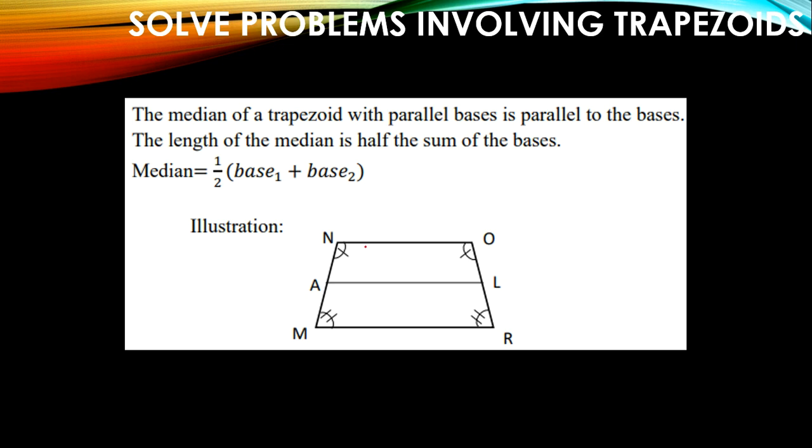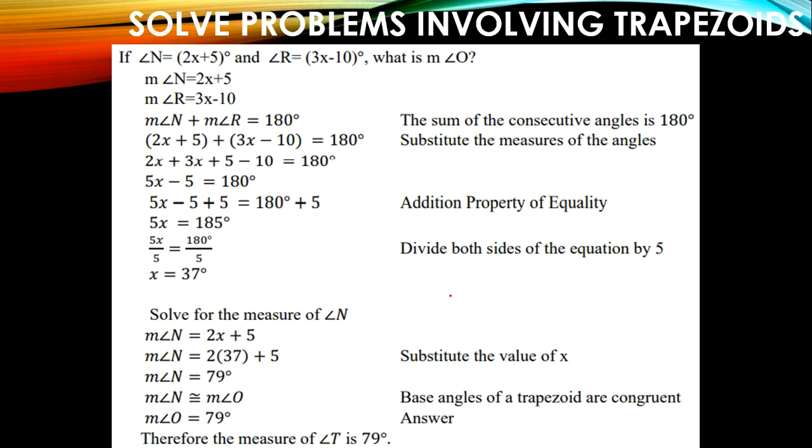Angle N and angle R are opposite angles, and they are supplementary. Then let's have this equation: the measurement of angle N plus the measurement of angle R equals 180 degrees. So that is the sum of the opposite angles.